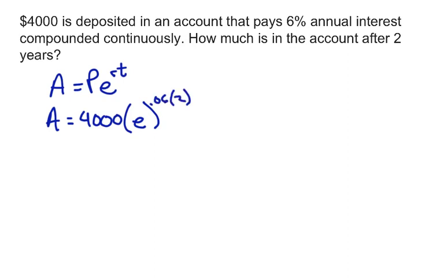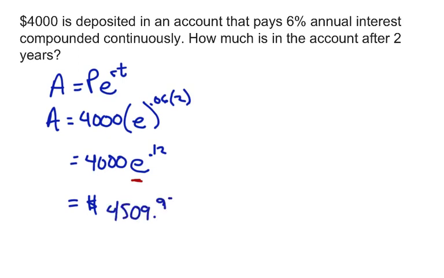It's 2 years. So we go ahead and grab our calculator, 4,000 e to the 0.12, and let the calculator do all of that. One thing about this is for e, use the e button on your calculator. Don't just use 2.718. If you use the e button, it'll be much more accurate. Anyway, let the calculator do all of that, and you should end up with $4,509.98.